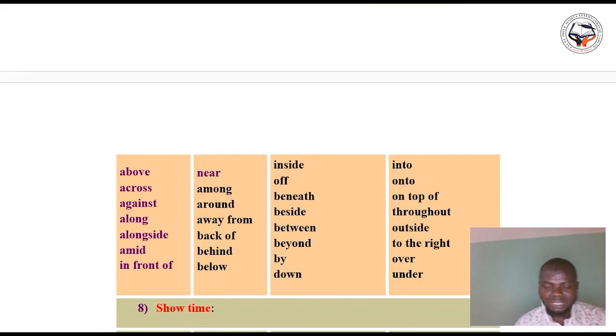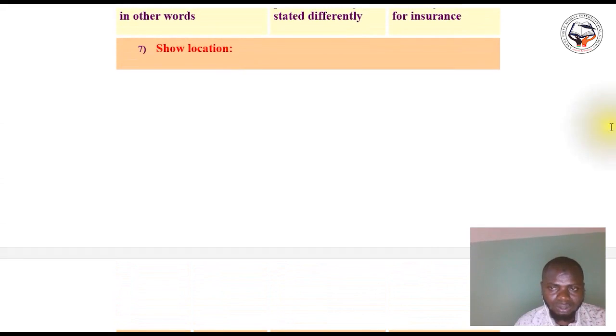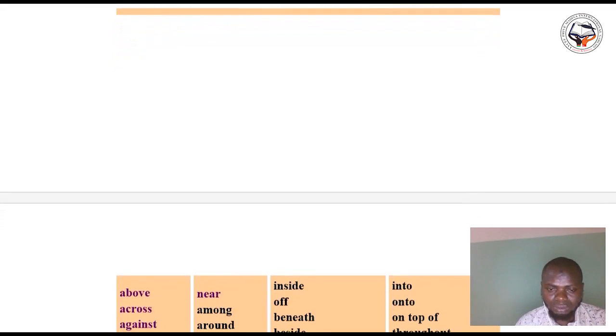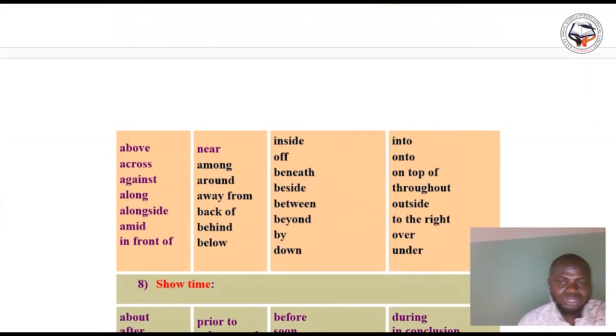As you know, there are many kinds of prepositions: place, time, manner, and so on. These are used for location, but they are considered linking words too.